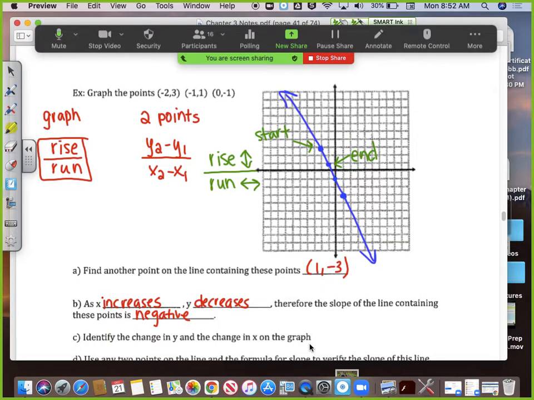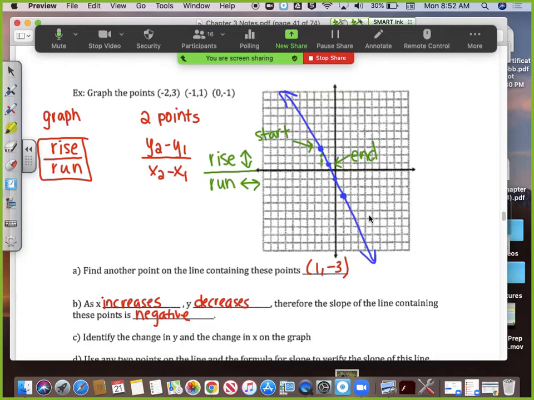So when you're rising, you probably think you're going up. But sometimes you end up going down if it's a negative line. This line is going down, so instead of rising up, we're going to have to rise down. So what you do is you look at your starting point and you figure out, okay, if I need to get from the starting point to the end point, I need to go down, and you count how many units you need to go down. This would be going down 2 units.